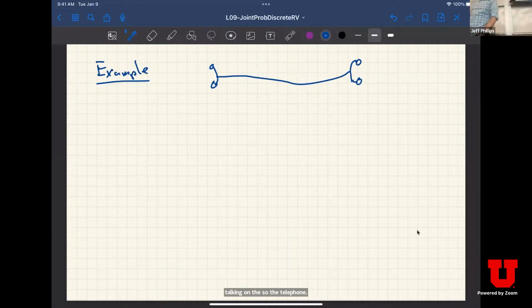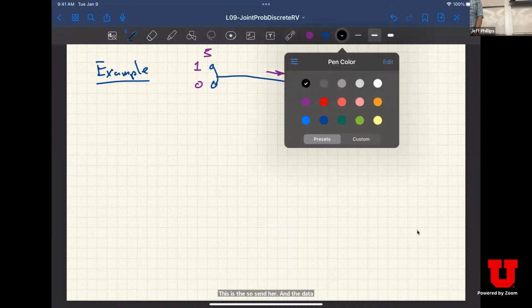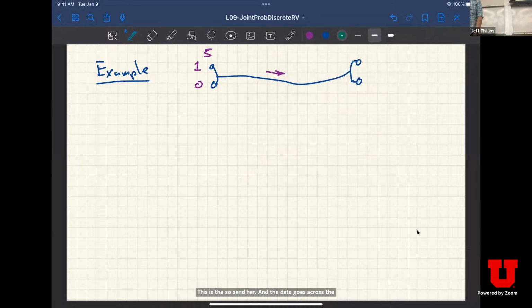In particular, how this works is I'm sending bits across a channel. I can either send a 1 bit or a 0 bit across the channel. This is the sender, and the data goes across the channel. And on the other side, there's a receiver, and the receiver gets either a 0 or 1. Okay, but there's some noise across the channel, right?